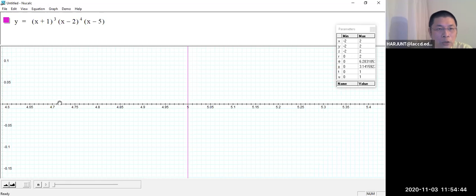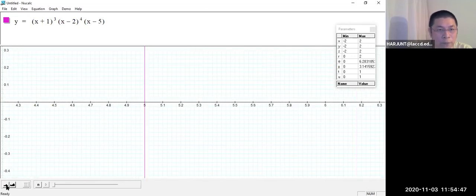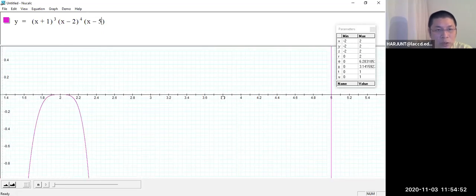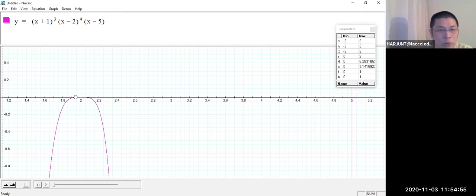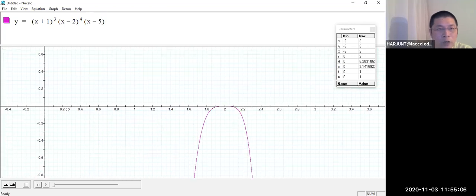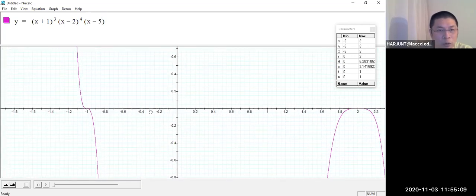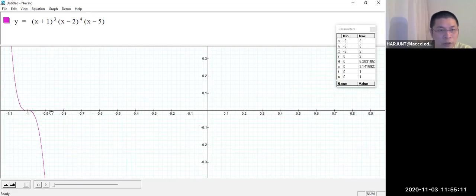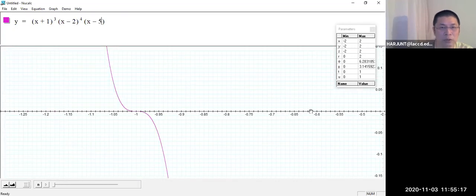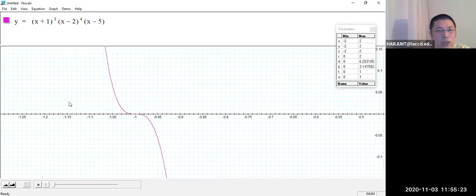But 2 is a zero with multiplicity of 4, so when it touches x equals 2, it touches like an x to the fourth. And at -1, because the multiplicity is 3, it will cross like an x cubed. It doesn't cross as a straight line. You see, it crossed not as a straight line. Let me screenshot this.